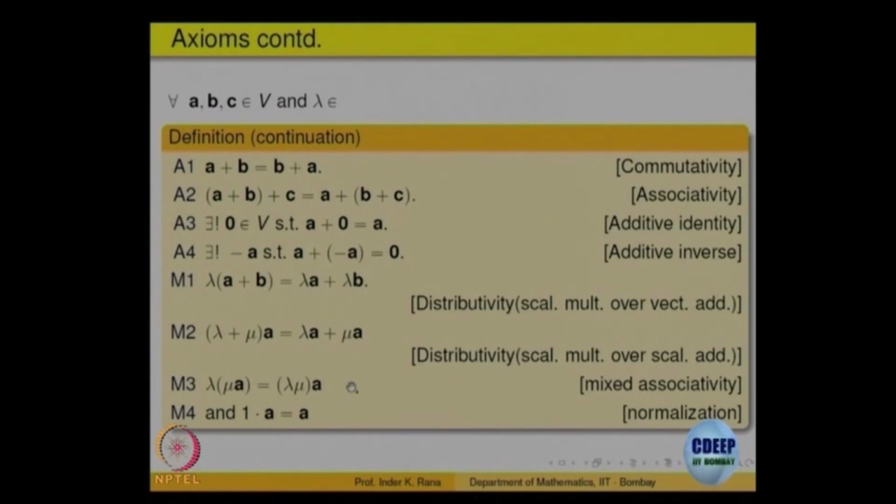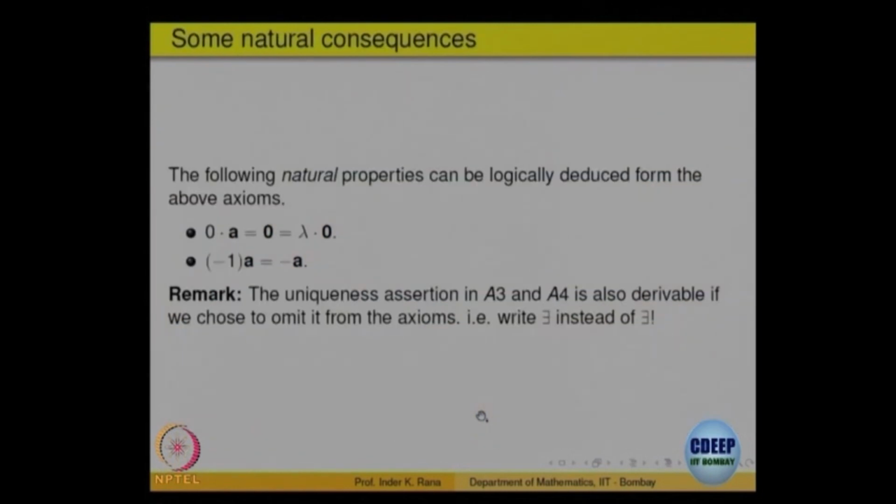They are made the defining properties of scalar multiplication on an abstract vector space. And finally, 1 times A, the scalar 1 in the field, is equal to A. That is a normalization one calls.